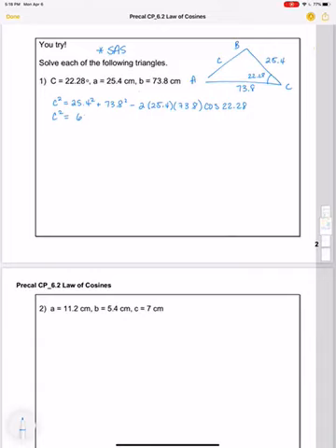So that's 6091.6 minus 2 times 25.4 times 73.8 times the cosine of 22.28. So that is 3469.14. So 6091.6 minus that.